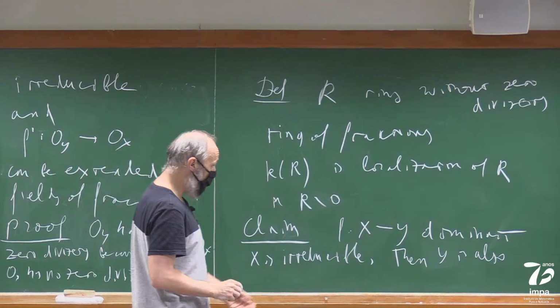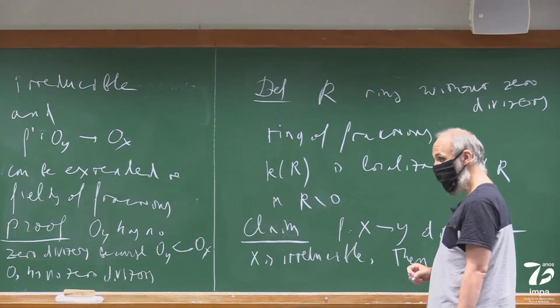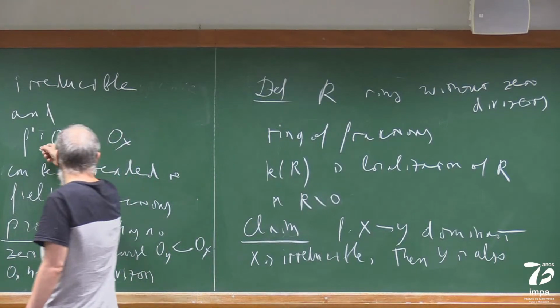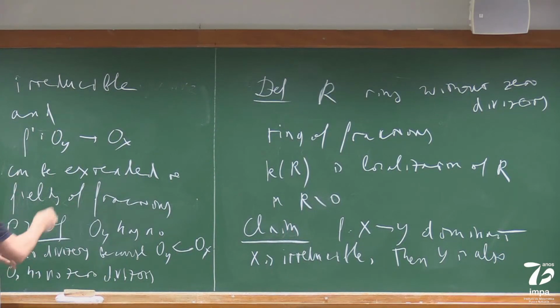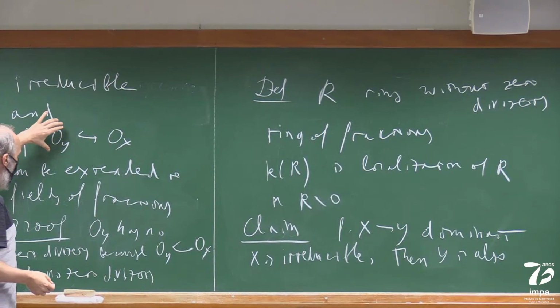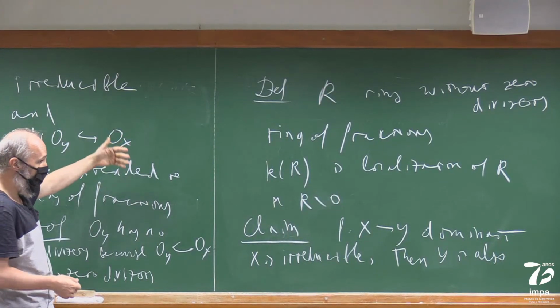So this implies in particular that Y is irreducible. And then it also implies that this embedding is an embedding of rings without zero divisors. And you can localize over Y, and then you just map a fraction to a fraction.